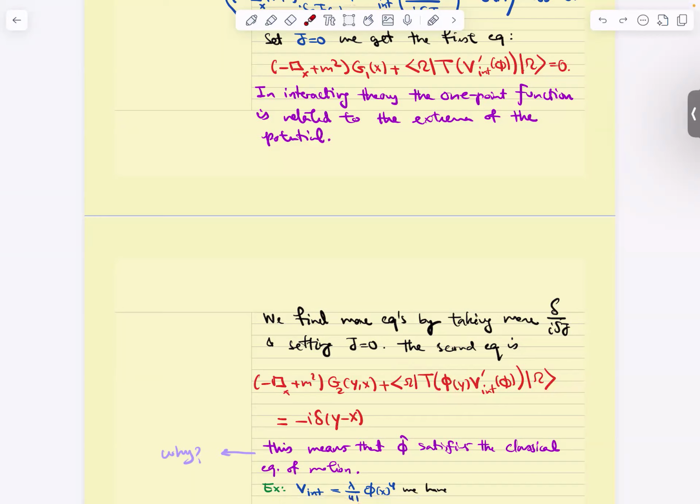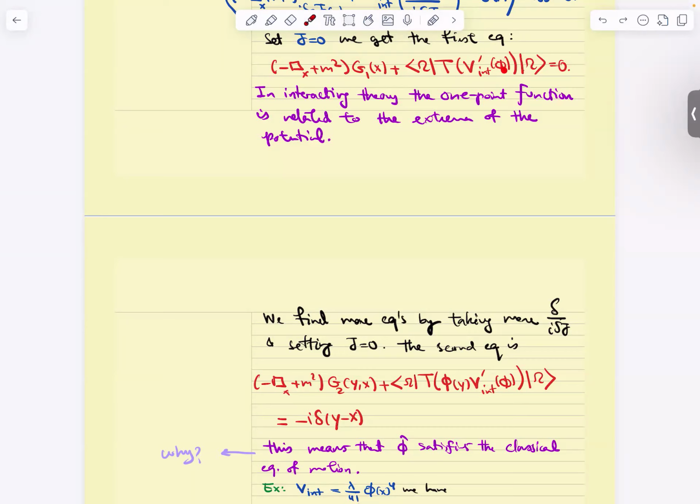What it tells you is that the propagator, you used to have an equation in terms of the 2-point function that you could solve. Now that 2-point function equation is coupled to the 4-point function. So you can't solve it. You have to write down the equation for the next one, and the next one, and the next one.